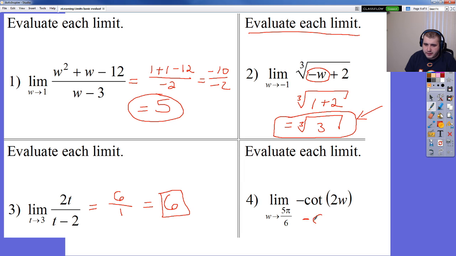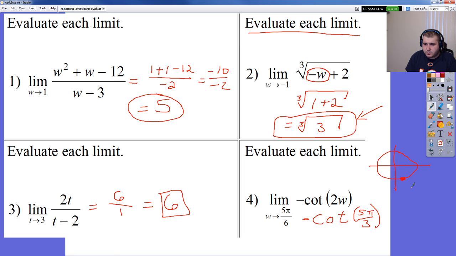This is negative cotangent of 5 pi over 3. Now, it's been a while, so let me pull out my good old unit circle. You'll have to pardon. So 5 pi over 3, that's 1 2/3 pi. So 1 pi, 1/3, 2/3. So it's like right over here.